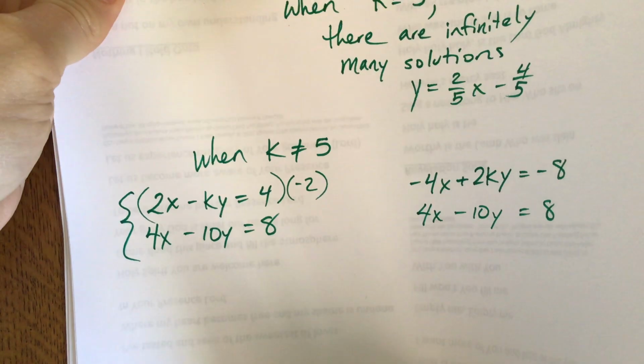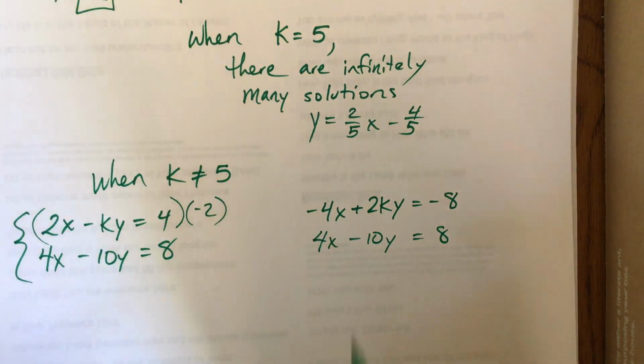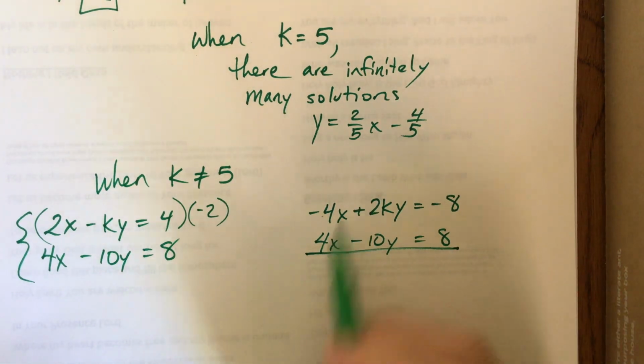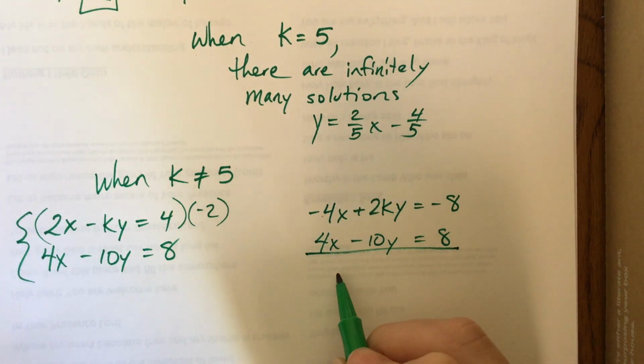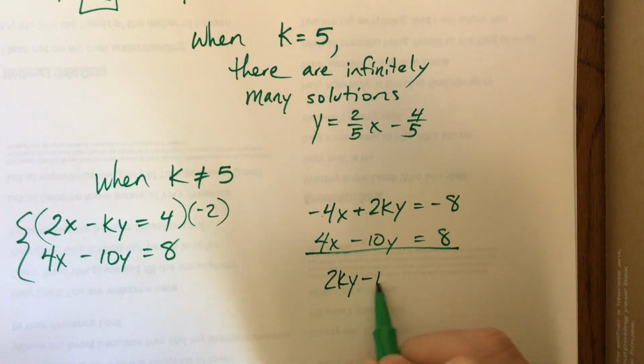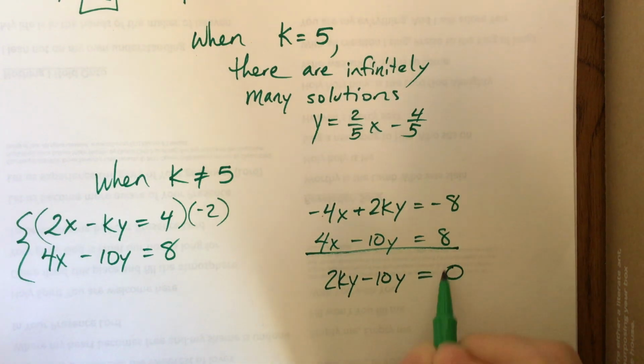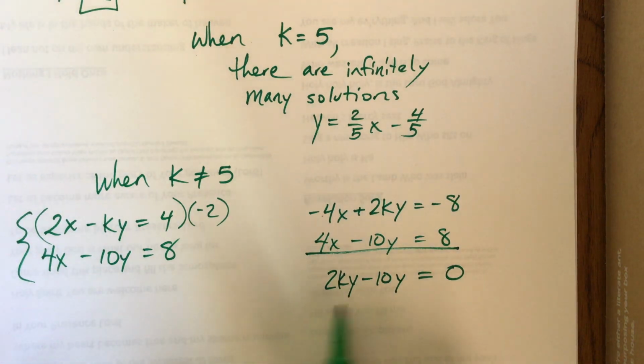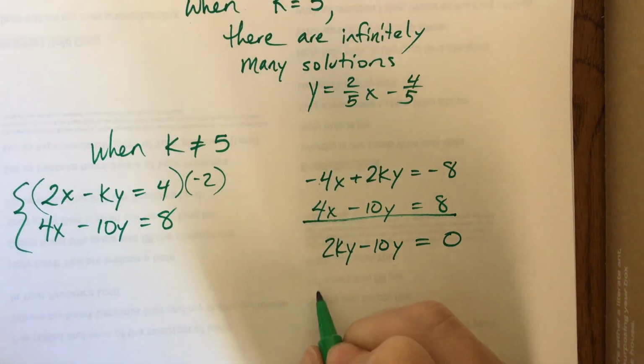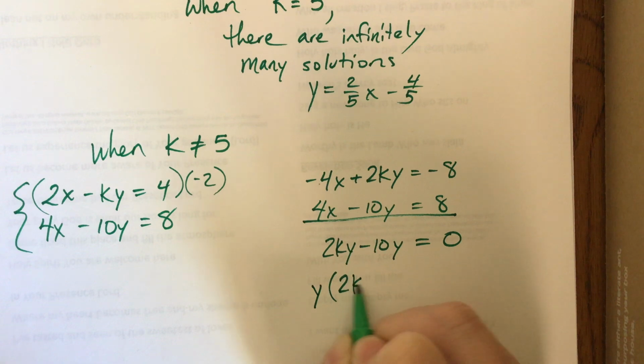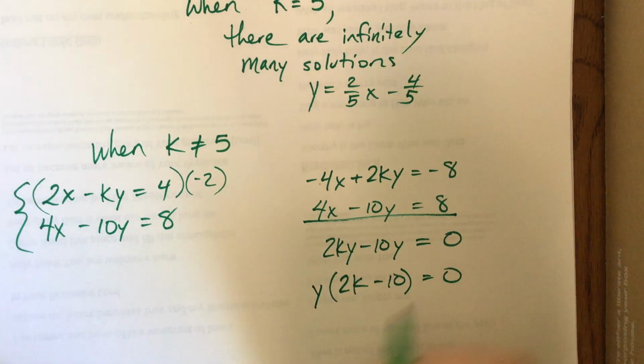Now notice when I add things up, the x terms are gone. This becomes 2ky minus 10y is equal to 0. They're asking me to solve for y. I can factor it out: 2k minus 10, times y, is equal to 0.